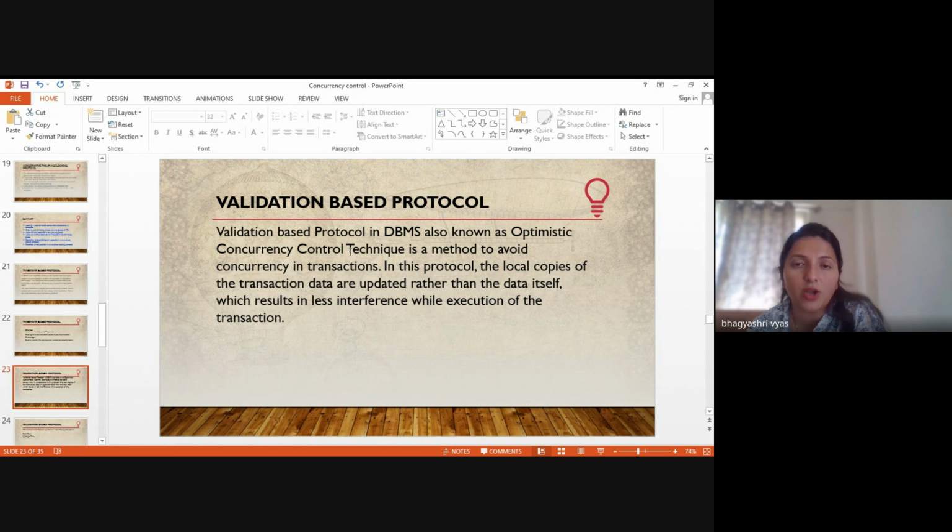Okay, we will not use this validation based protocol because we need to update the local copy as well as the database concurrently. So it depends on the application which protocol we want to use.